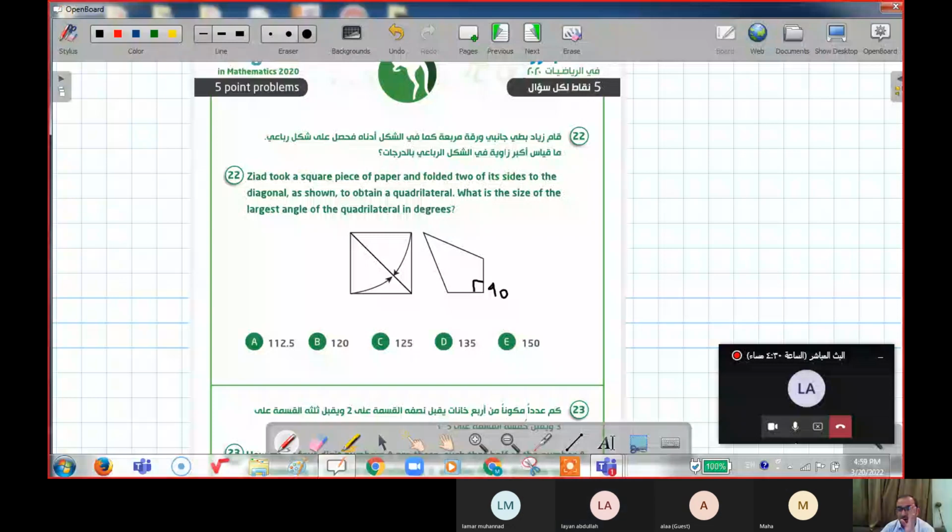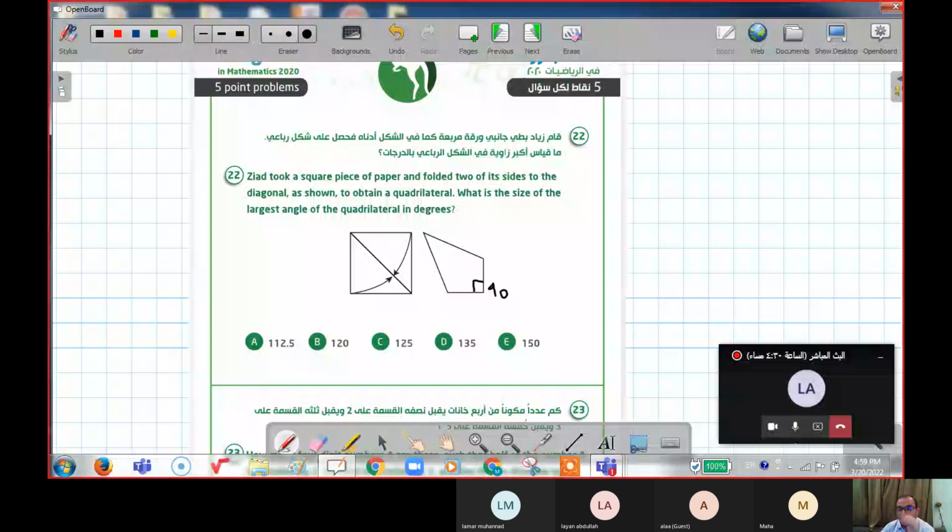Yes, the right answer, bisector. It means cutting the angle in two equal parts. We have 90 degrees in the square, so each one gets 45 degrees.